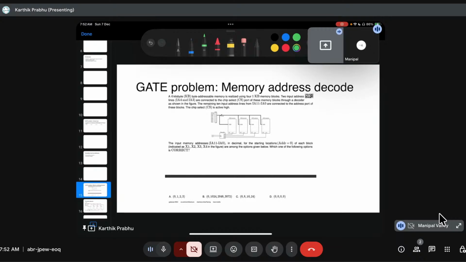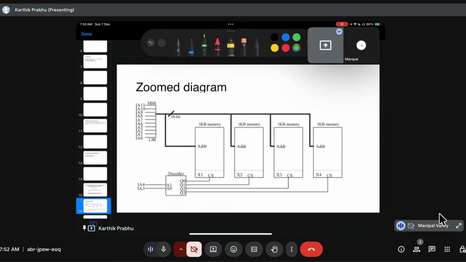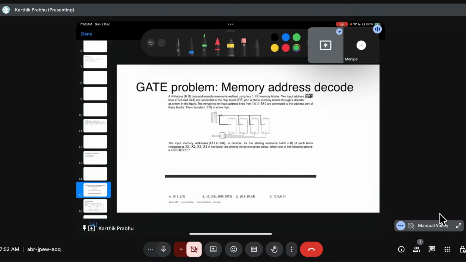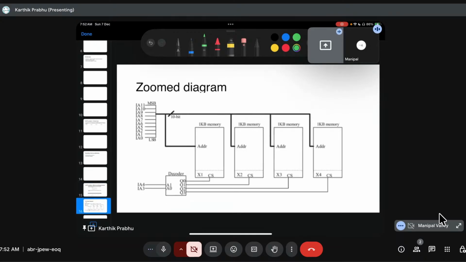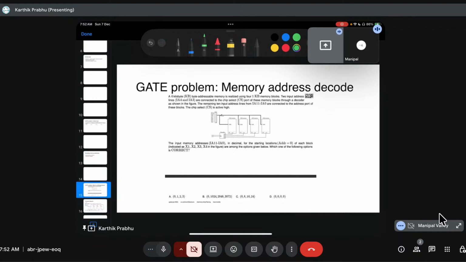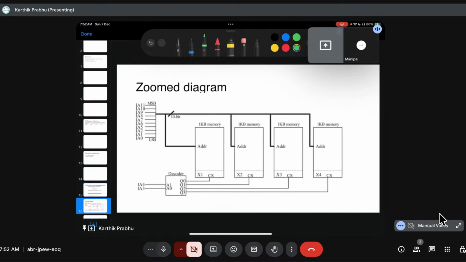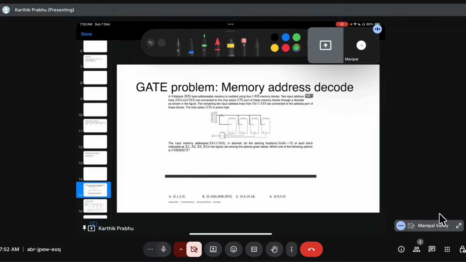Okay, you've had a read of the question, right? Okay, so this seems like a very difficult question, but it's pretty simple actually when you understand how memory decoding works. They have basically given a full memory address here, IA11 to IA0.